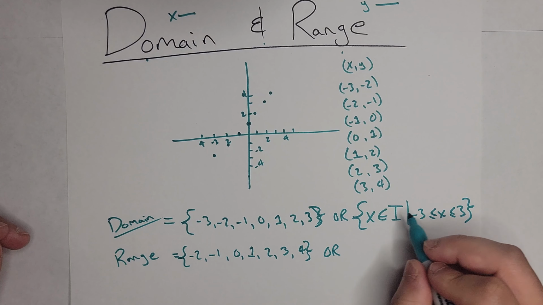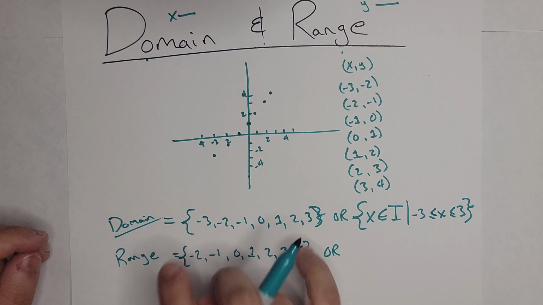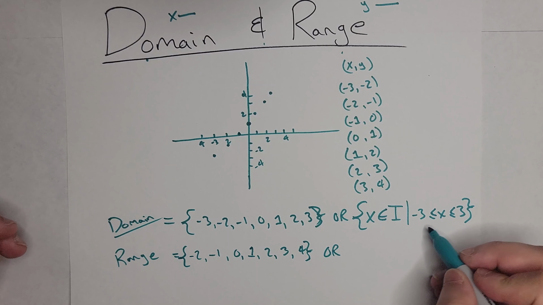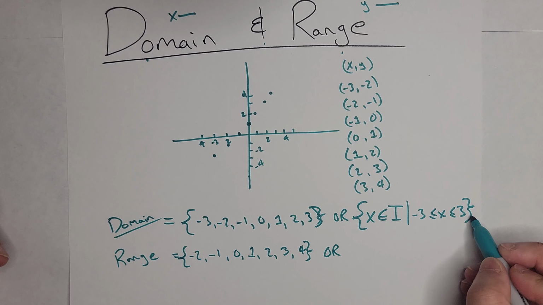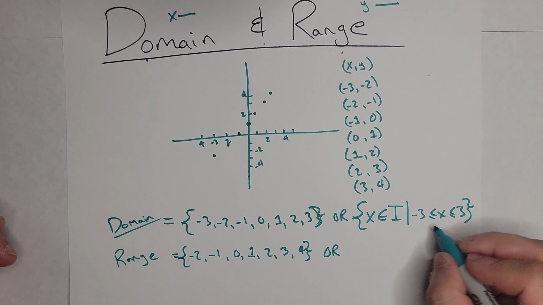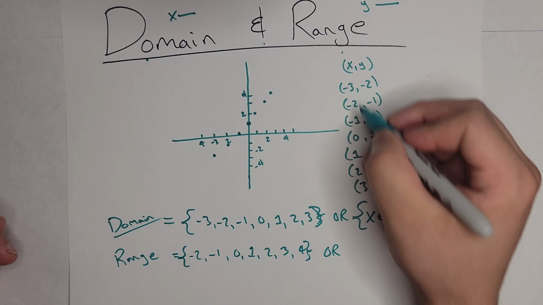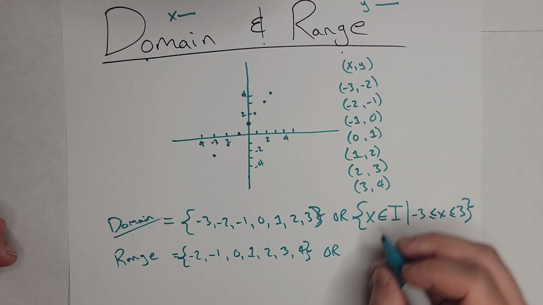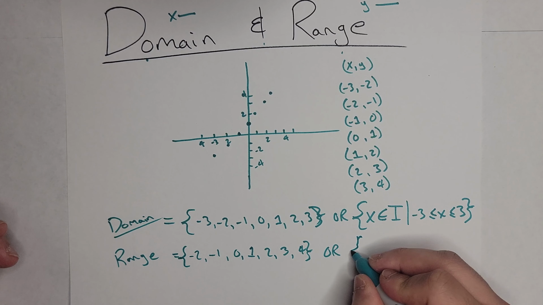So this basically means x is all the integers in this range of the domain, within these two numbers. We know that from -3 to 3, it's every integer. And same with the y.